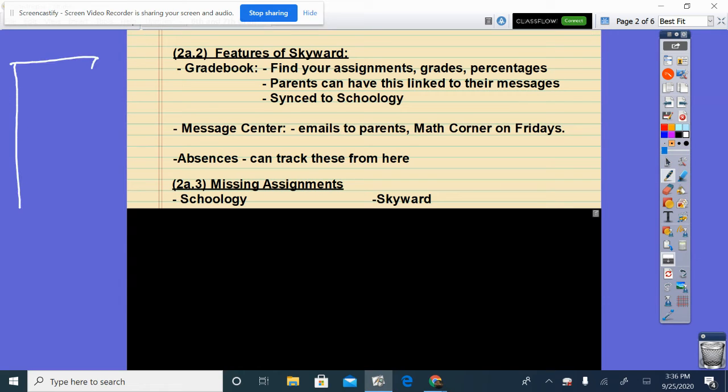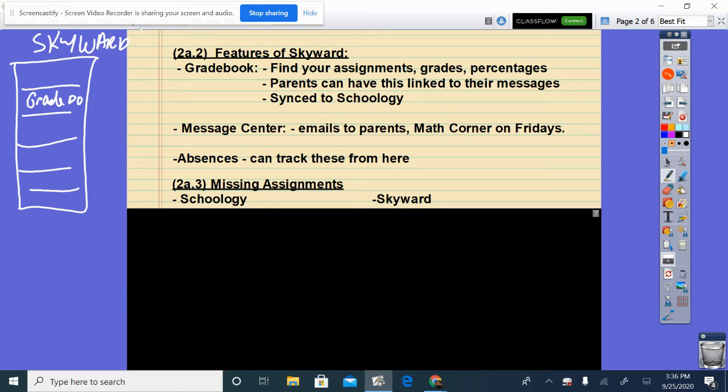In Skyward, you have all these various tabs once you're in. I'll put Skyward up here. You have the gradebook, and you have attendance tabs. In the attendance tab, you see if you have any absences.